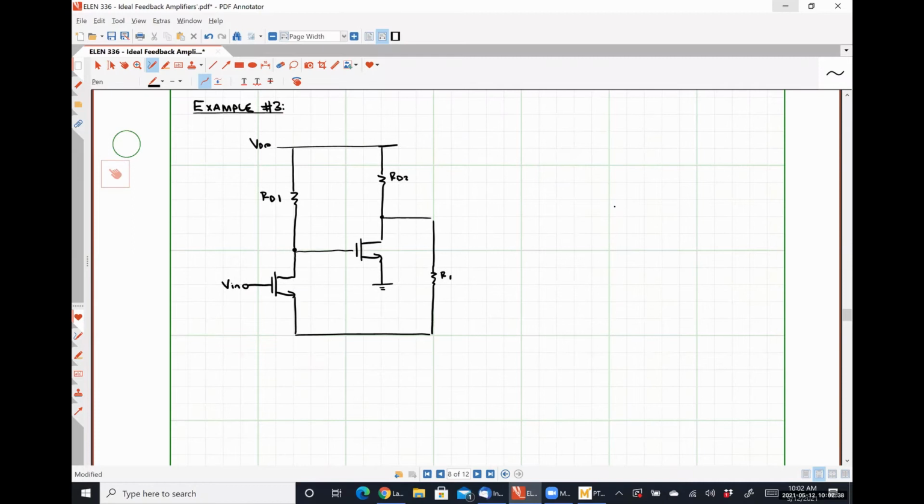Here is R1. Here is R2. Here is where we take our output signal. Let's call this transistor M1 and this transistor M2. So we now have a multi-stage amplifier circuit, right? Effectively what we have is a common source stage feeding a second common source stage with feedback, cleaning things up, all right?